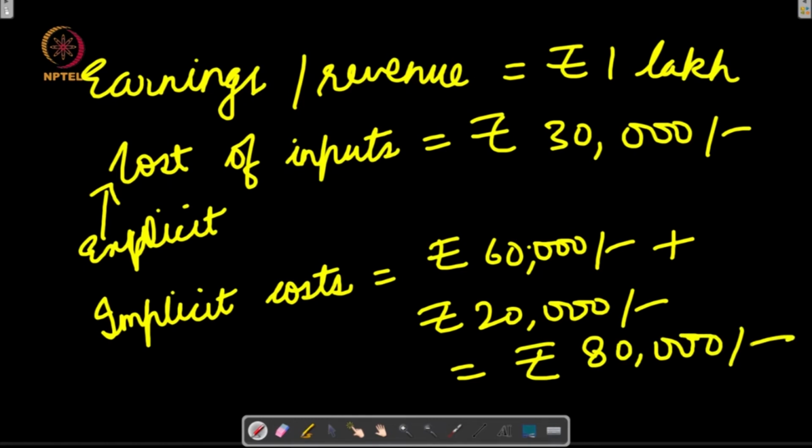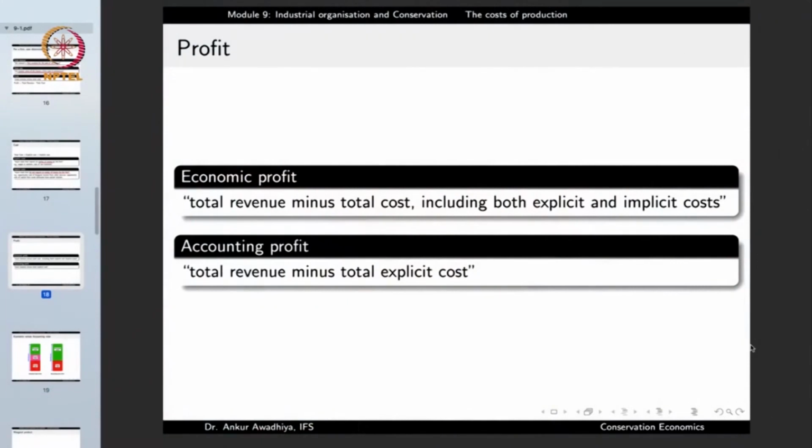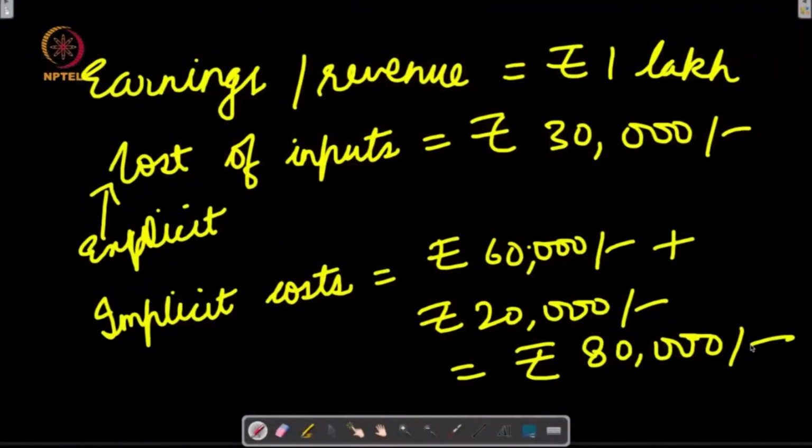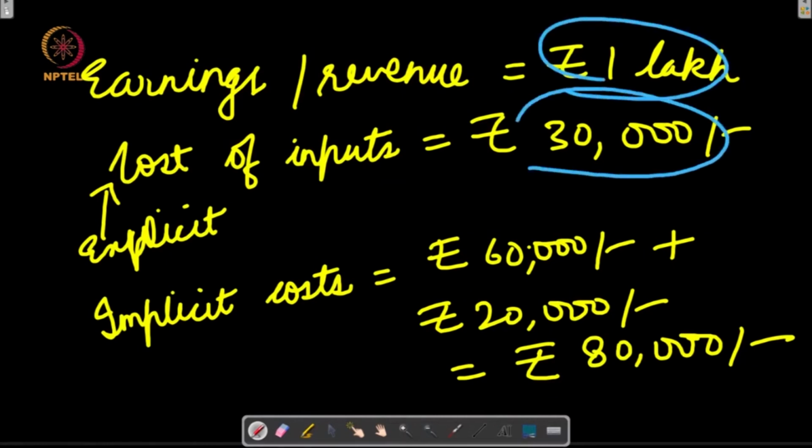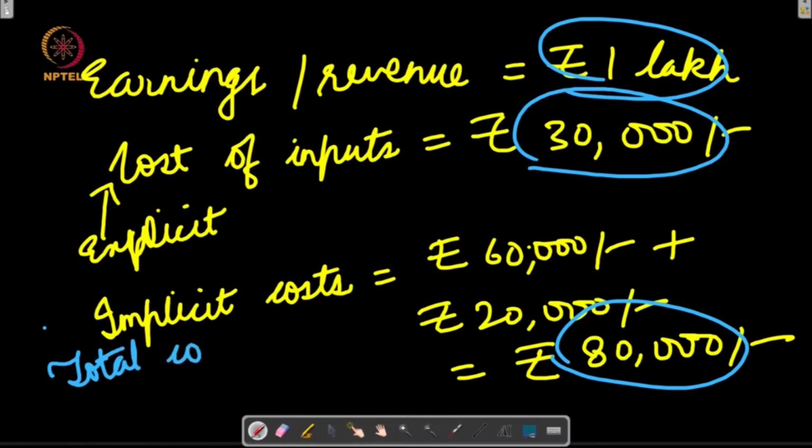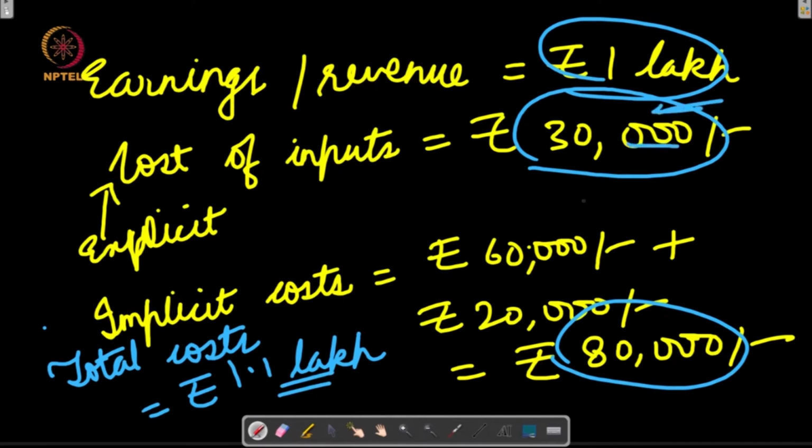Now, when we talk about the economic profit, we are saying total revenue minus total cost, which is in this case, the total revenue is 1 lakh of rupees, total cost is 30,000 plus 80,000. So in this case, the total cost is rupees 1.1 lakh. Now this is the total cost and this is the total revenue, 1 lakh.